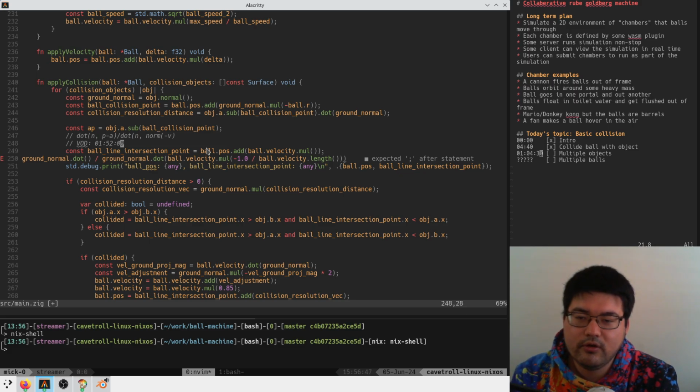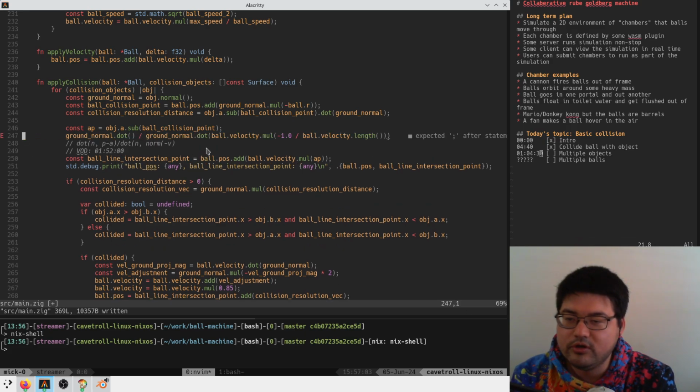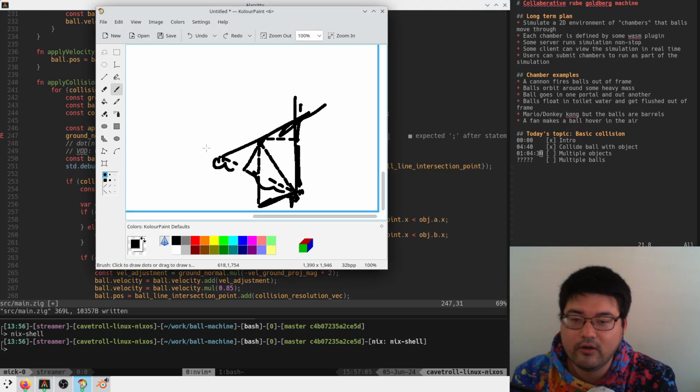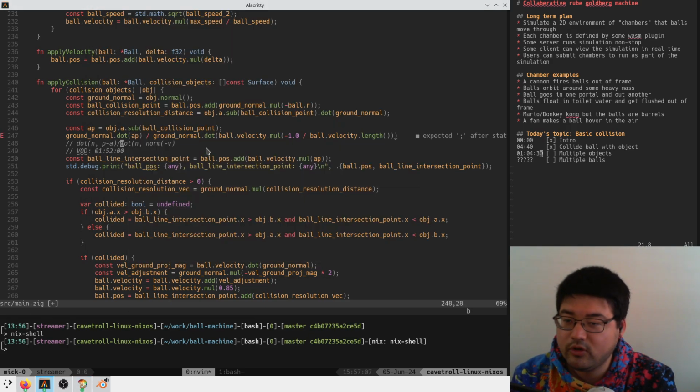I'm not sure I think it makes sense anymore, but we will see. So this is mol AP. I've missed something. Ground normal dot AP. I guess you did ball collision point sub obj a.